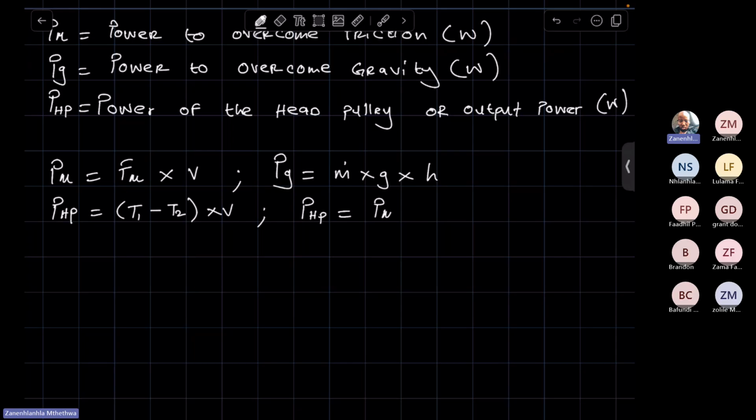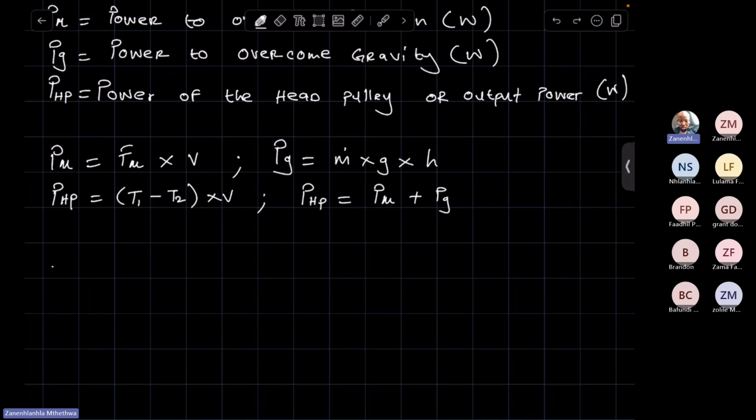So this will be equal to P mu plus PG, right? By using these formulas, you will essentially get the same thing, right? So you either use this one or use this one depending on what you've been given, right?